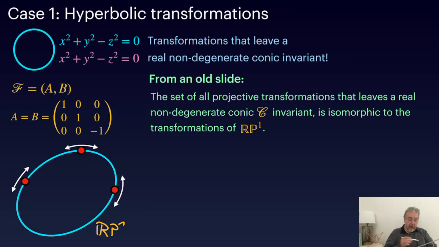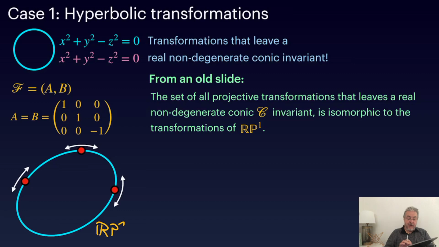So in particular, we see that we have 3 degrees of freedom in this situation. So in principle, we completely understand how the Cayley Klein transformations for that conic work. It's just the same up to isomorphism as the transformation of the real projective line.